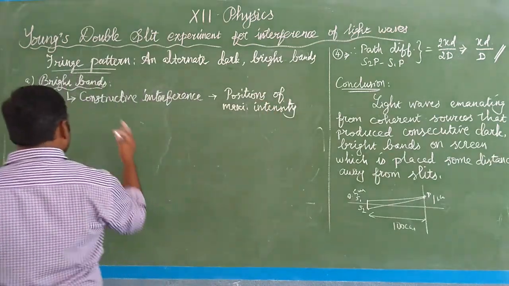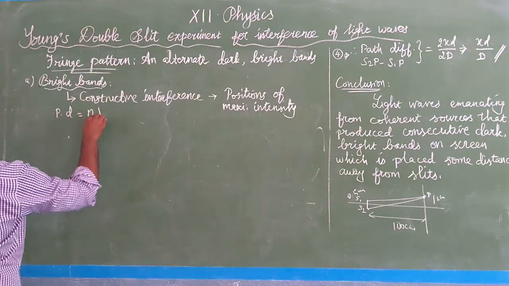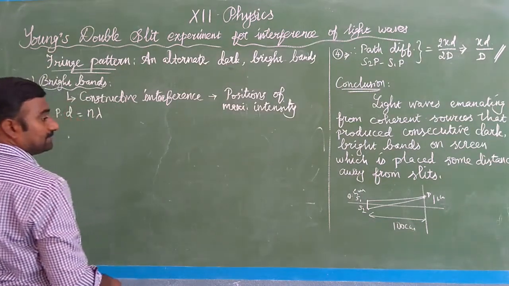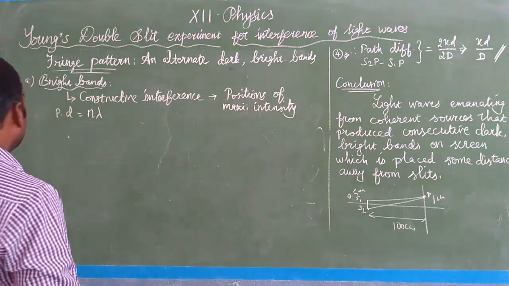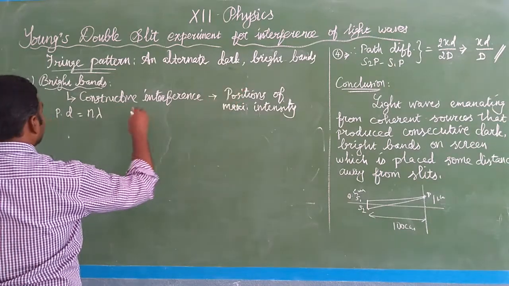Okay, so what is the path difference in this case? The path difference is n lambda, but here we found the path difference xd by D. What is the path difference for a constructive interference?